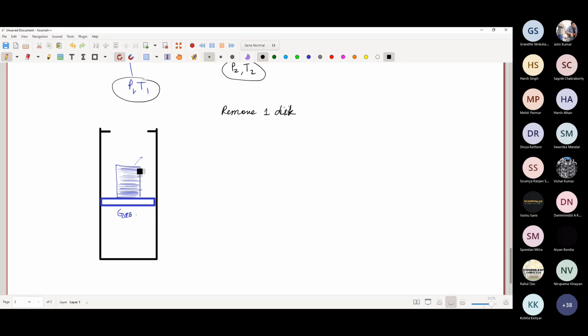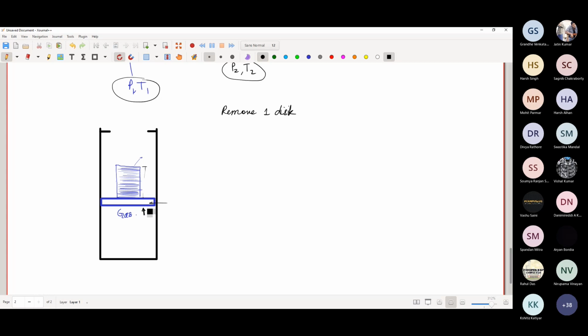Then the pressure on top has reduced ever so slightly, but the gas pressure is still pushing, so it wants to be in equilibrium. Before removing the disk, the inside pressure was due to the entire set of mass. Suppose this piston is friction free, is mass free. Whatever pressure was there was solely because of the weight on top of the piston. When you've removed this, you've lessened the load. So obviously the inside pressure is also trying to reduce.